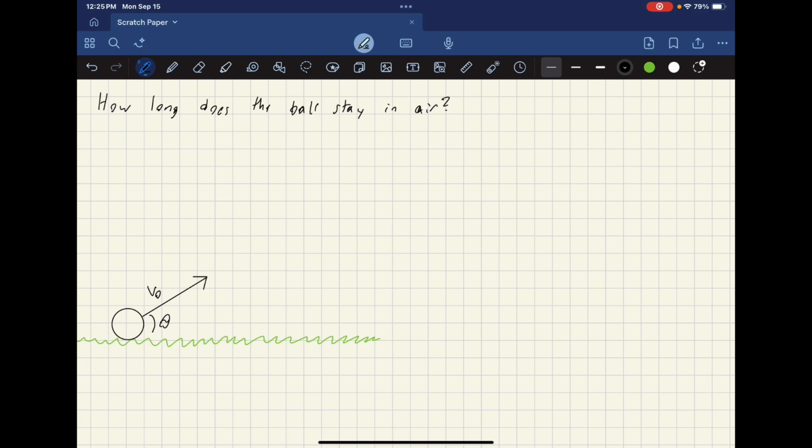we want to determine the maximum height reached by the ball, and we want to determine the horizontal displacement. So how far does it travel horizontally before hitting the ground?